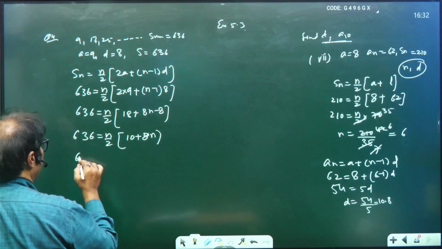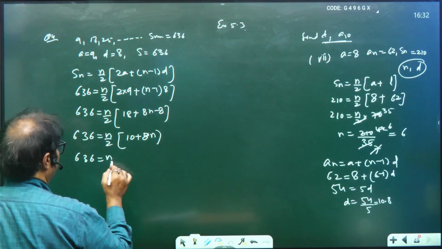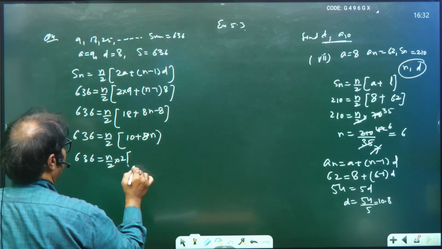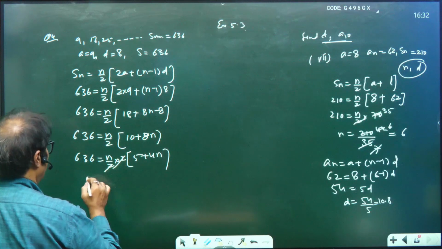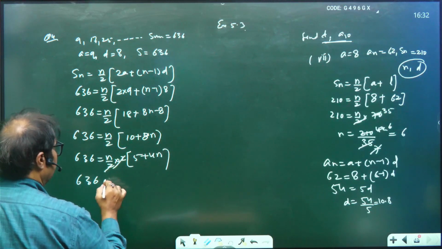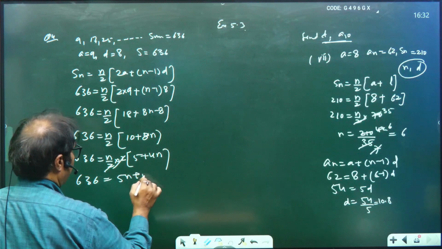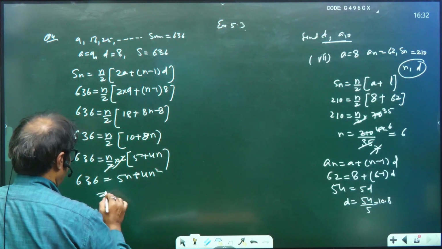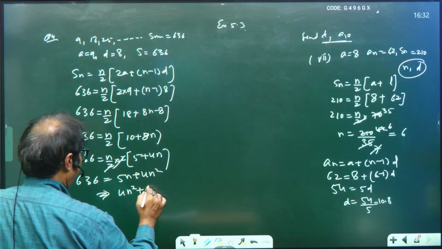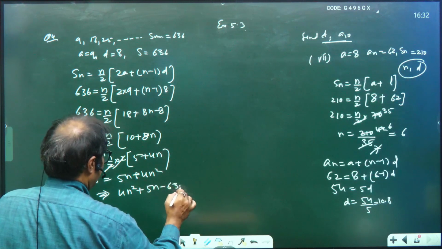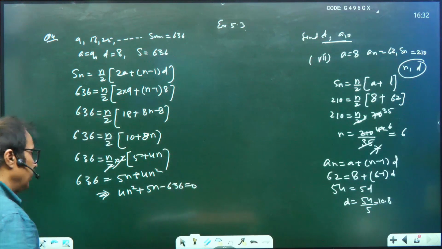Take 2 as common, so 636 equals n by 2 into 2 times (5 plus 4n). So the 2s cancel out, and 636 equals 5n plus 4n square. So now you got the quadratic: 4n square plus 5n minus 636 is equal to 0.